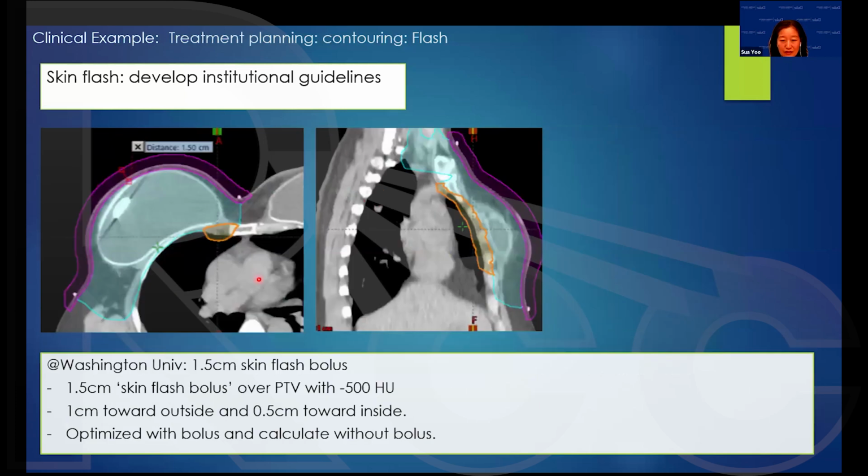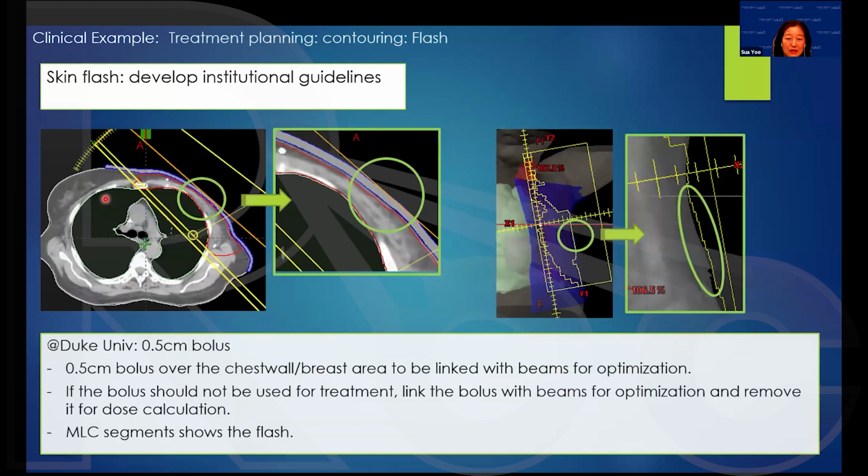So with these techniques, you add the bolus and you actually have to remove the bolus for the treatment calculation. A lot of times, for chest wall patients, we have to use bolus anyway. And we use a 5 mm bolus. Yes, 5 mm is not so much, and this is 0 HU because it's an actual flat bolus. If you add it for the optimization, it actually opens the MLC a little bit, about maybe 3 millimeters or something.